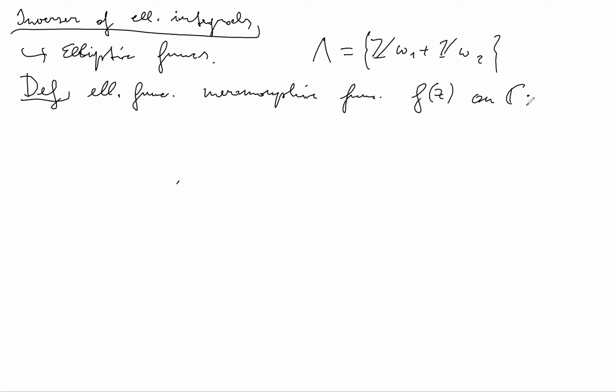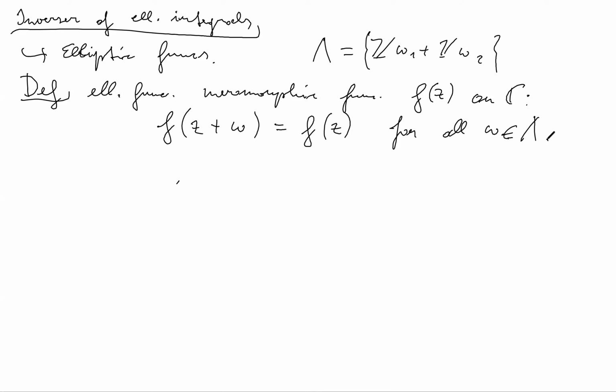such that, and again, what do we want? We want this to be invariant under the addition of points in our lattice. Okay, so we want that f of z plus omega is f of z for all points omega in our lattice.